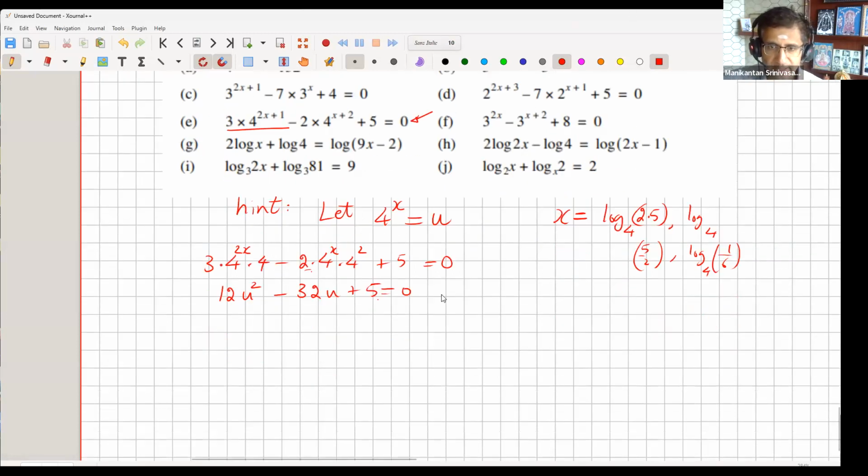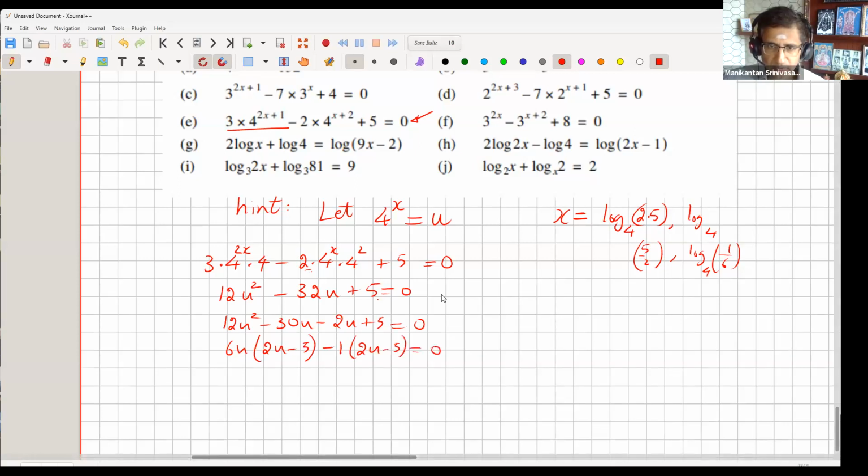Again I can factorize: 12 times 5 is 60, so I can factorize this as 30u and 2u. I can take 6u common outside, 2u minus 5 minus 1 into 2u minus 5 equal to 0.